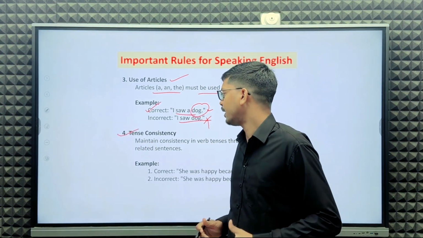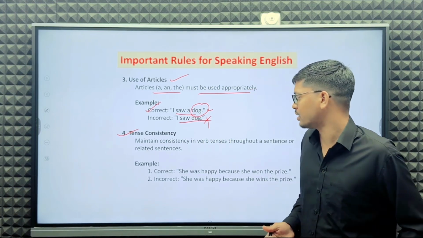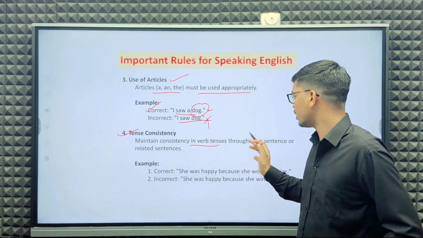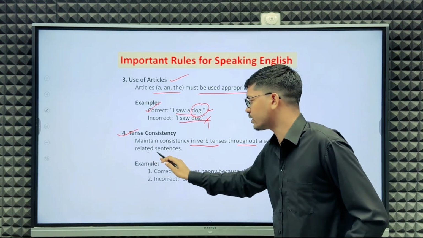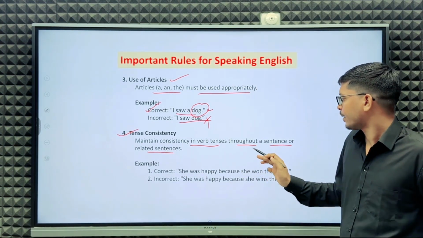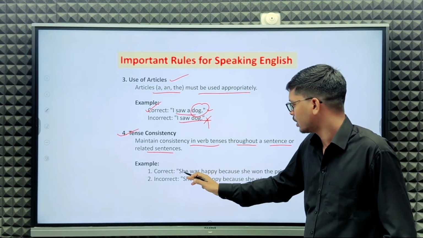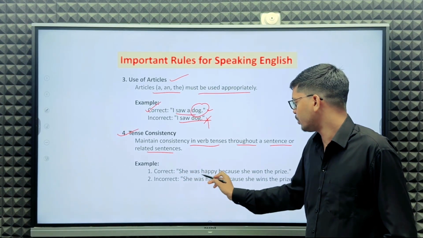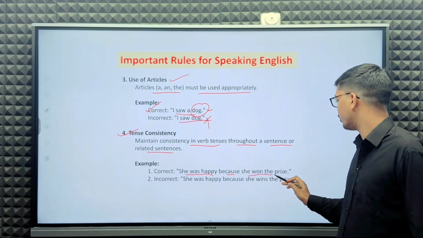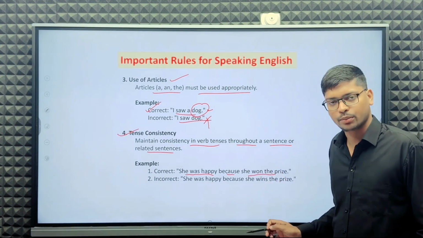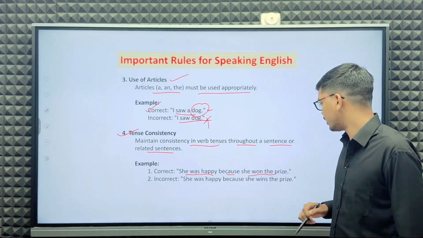Next rule here, tense consistency. Okay, maintain consistency in verb tenses throughout a sentence or related sentences. Okay, example here, the correct sentence: she was happy because she won the prize.